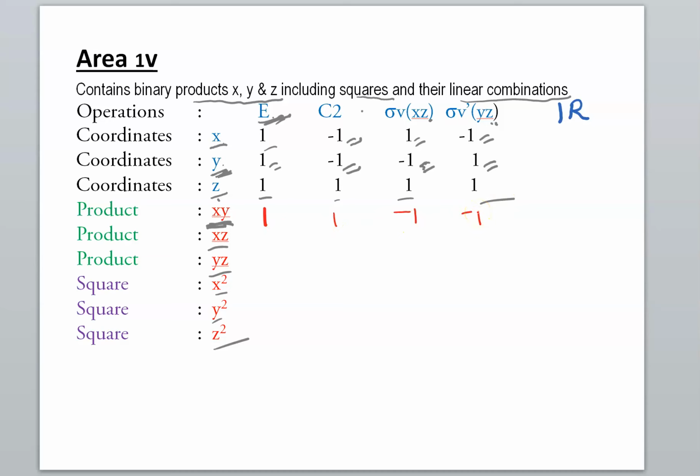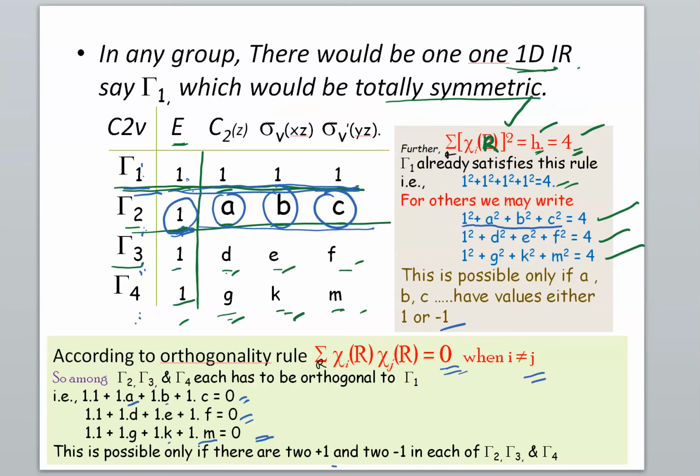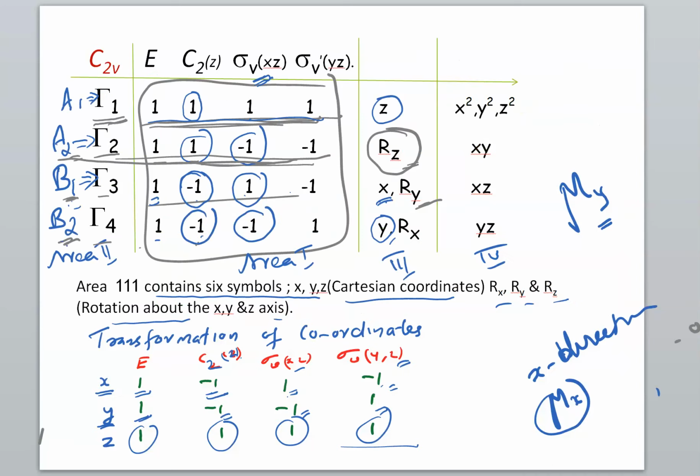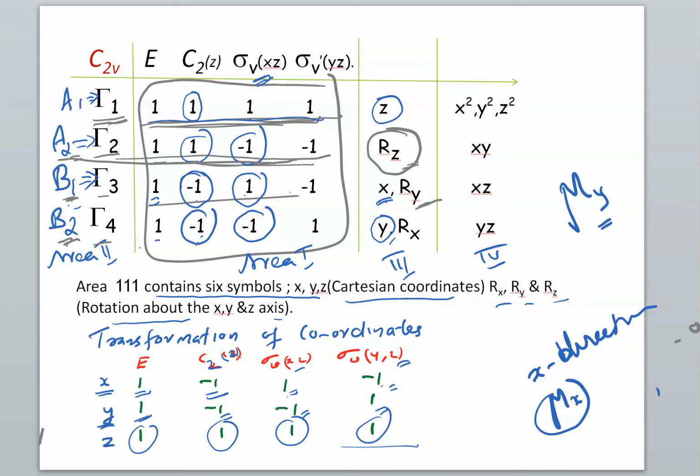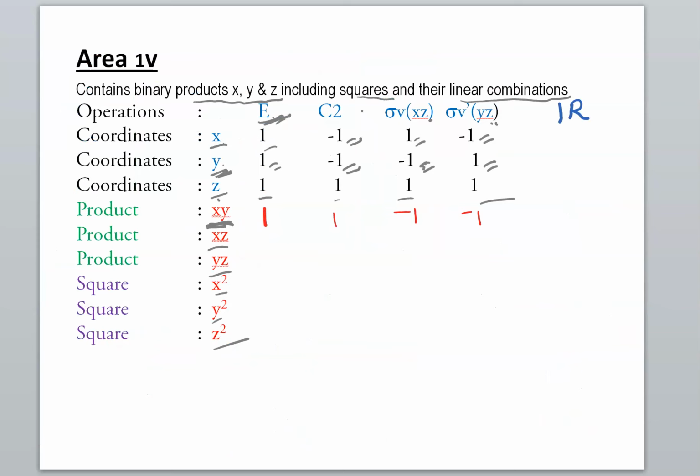Sorry, we have to look back. Yes, xy: 1, minus 1 into minus 1 is 1, 1 into minus 1 is minus 1, minus 1 into 1 is minus 1.